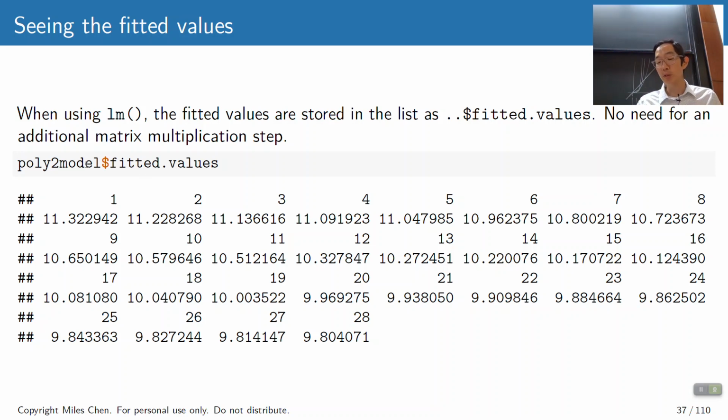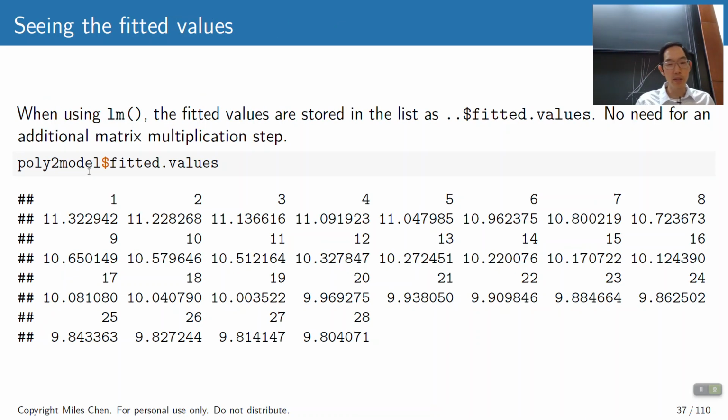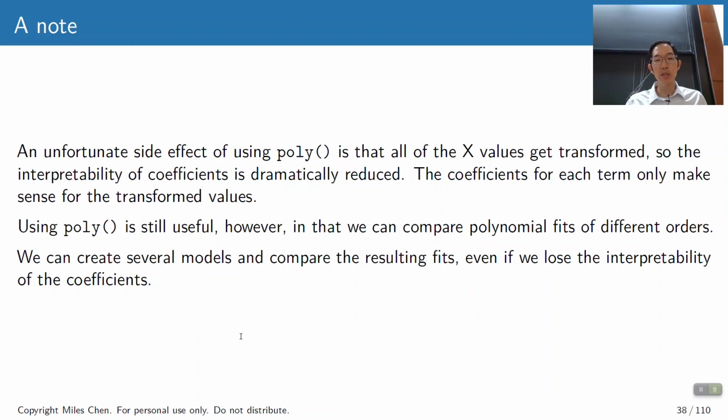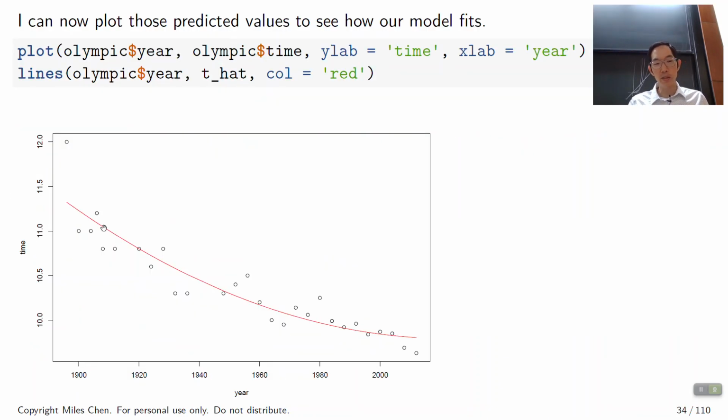Okay, so when you fit lm, one of the values that shows up in the list of outputs is the predicted values, and we can just plot them, and they would be exactly these same values here.